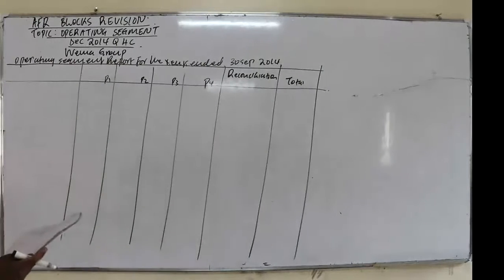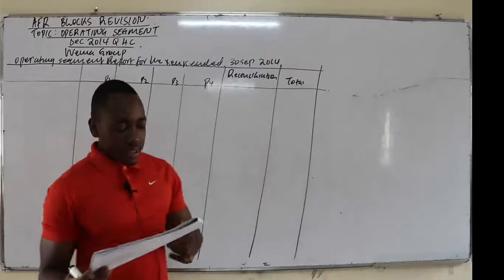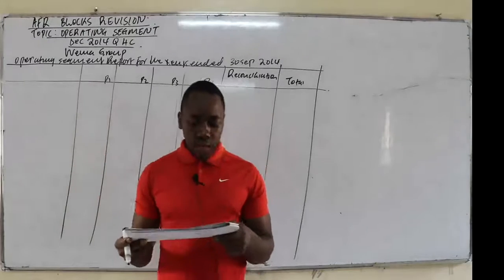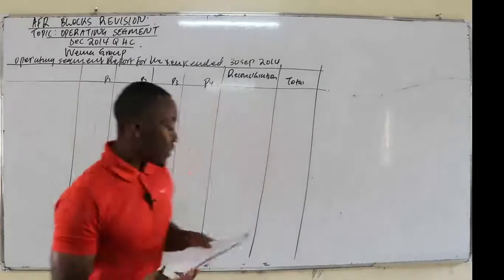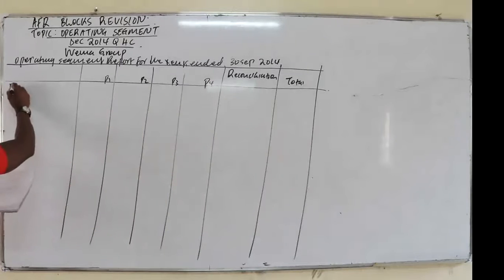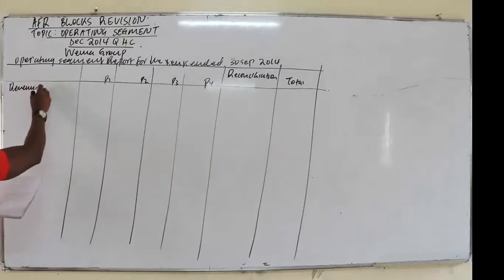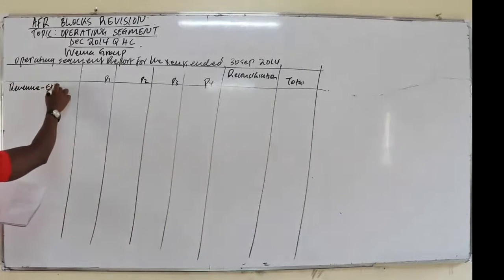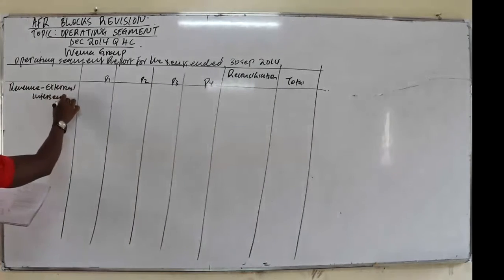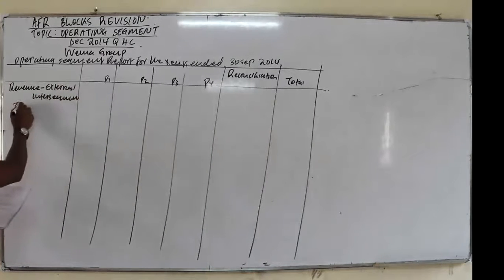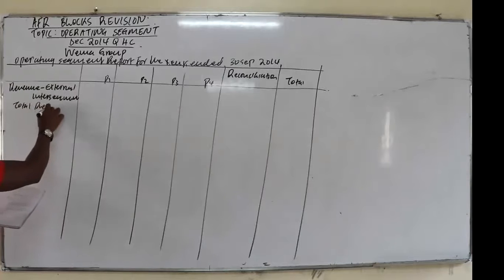So let's go to additional information number 2. Details necessary for preparation of segment report in relation to revenue and respective segment profit was as follows. So you have the revenue. For the revenue, you have to separate the external revenue and the intersegment, so that now you get the total revenue.